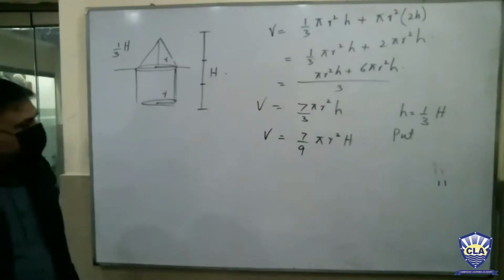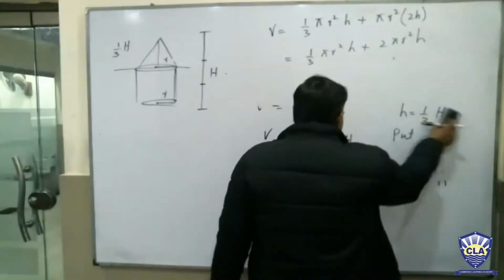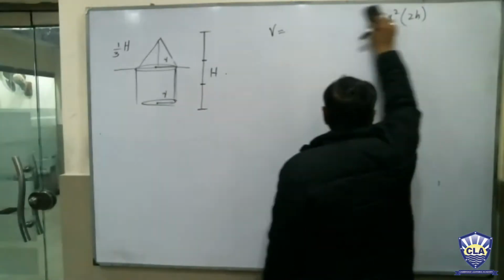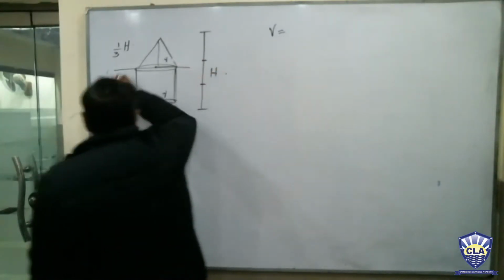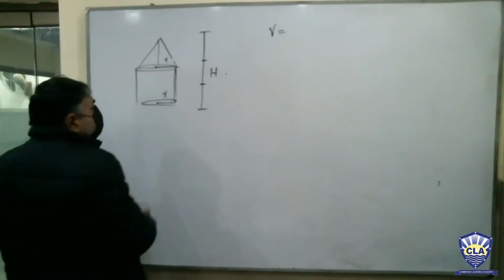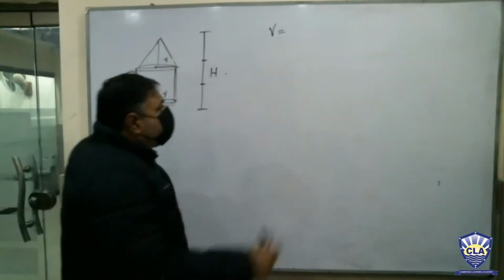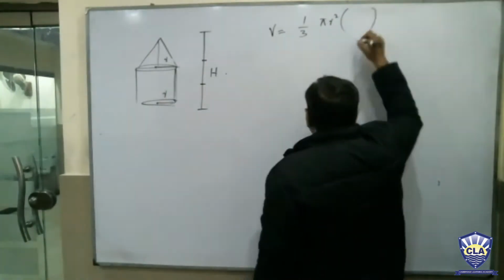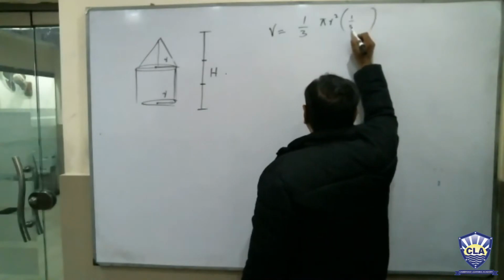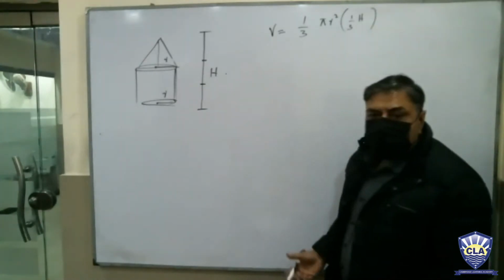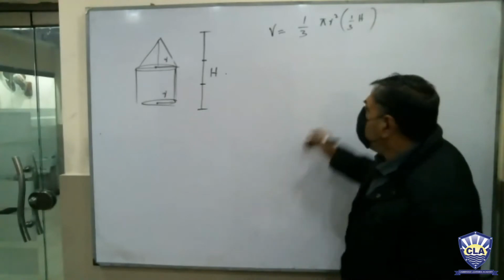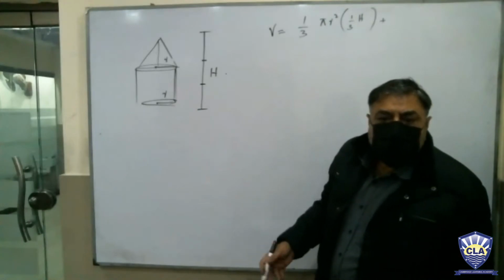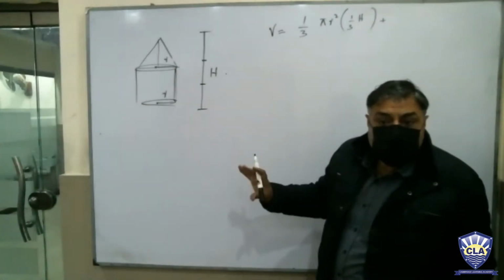After the LCM, volume of cone is 1/3 pi small h, where small h is 1/3 of H. Given in the question, height of cylinder is double the height of cone.